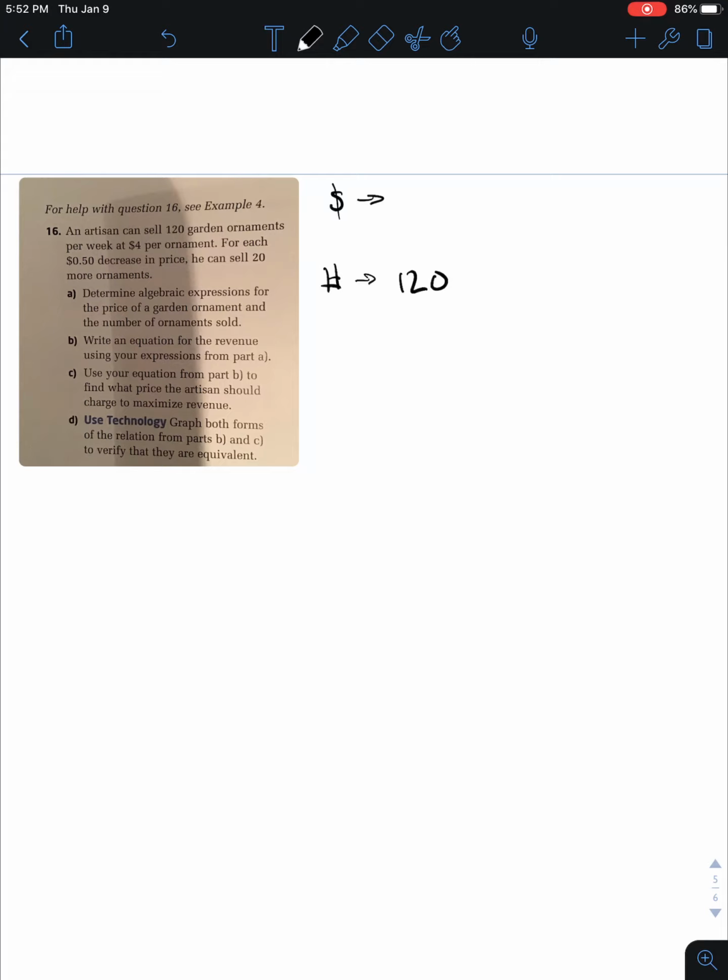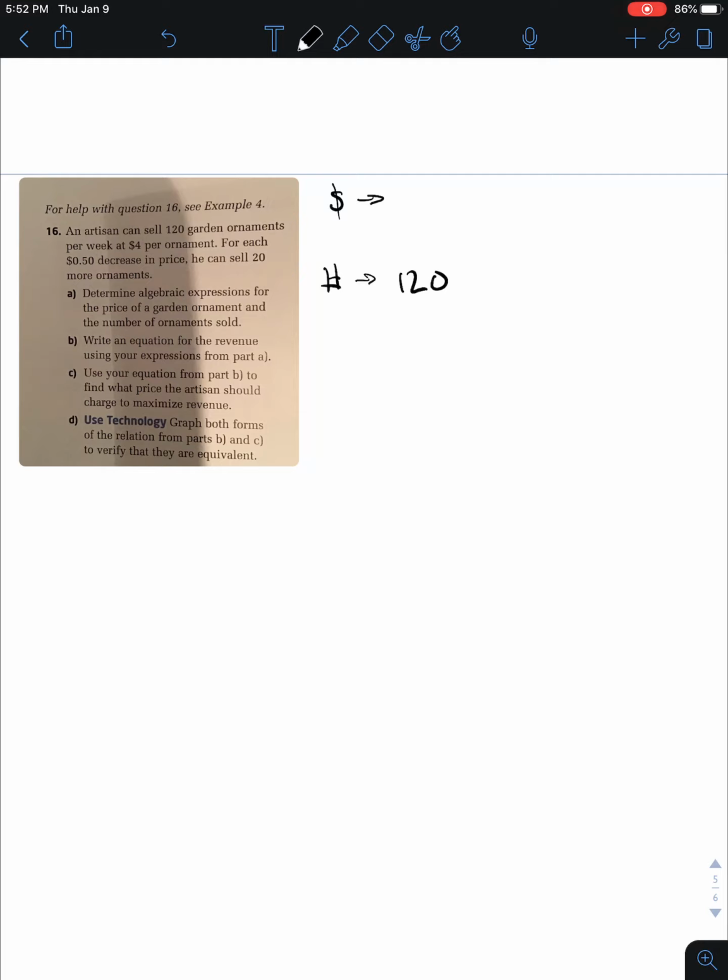Well, he typically sells 120. But now he asks himself, what if I want to sell more? If I want to sell more of something, I'm probably going to decrease the price. So how far do I have to decrease the price?